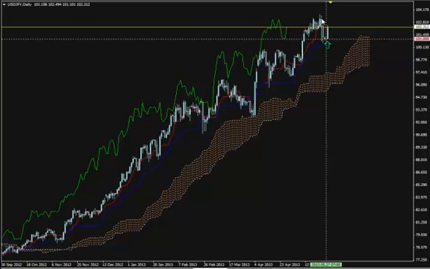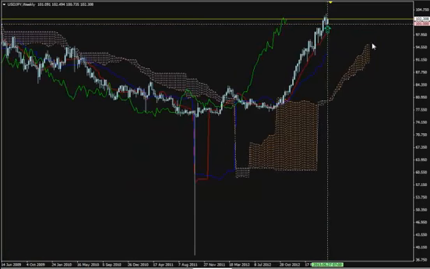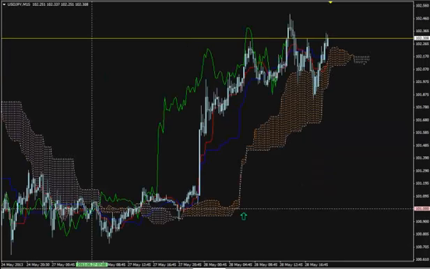And the distance between the price and the Kumo is also big, so we have strong bullish biases. Weekly chart, clearly bullish. Monthly chart, clearly bullish, and we are about to have a bullish Kumo breakout on the monthly chart. Huge.